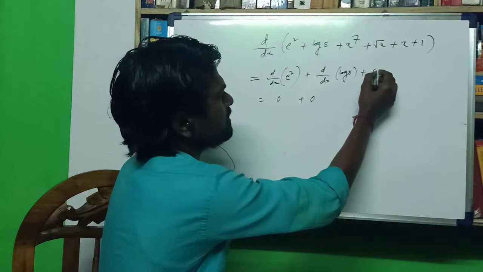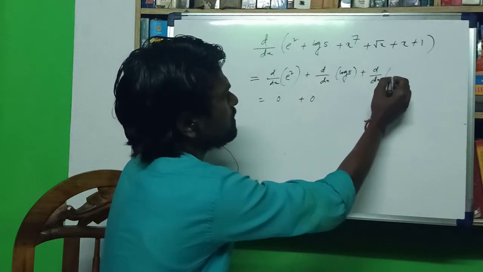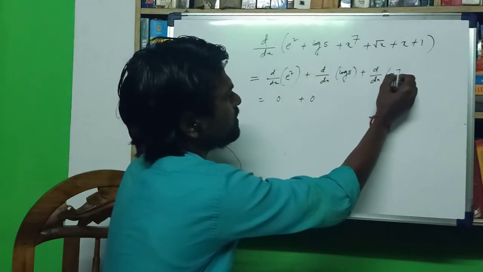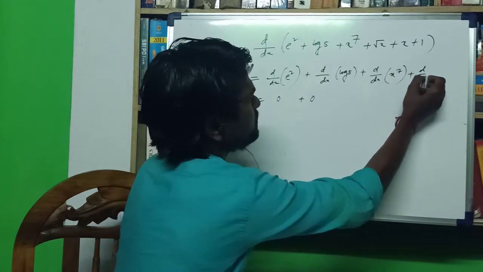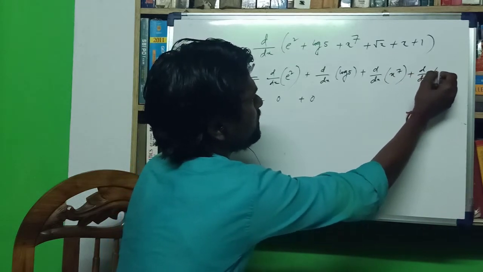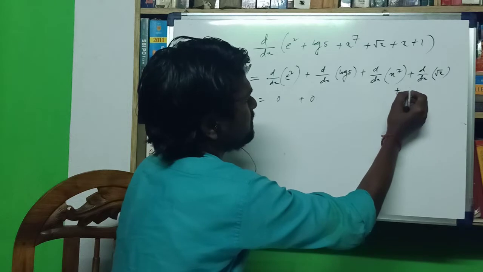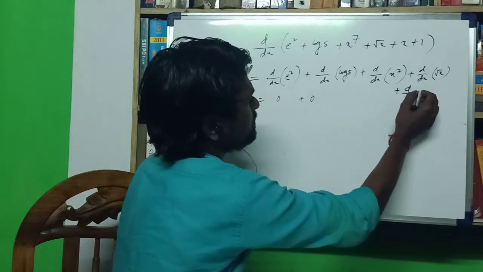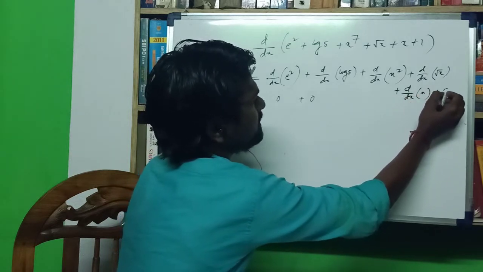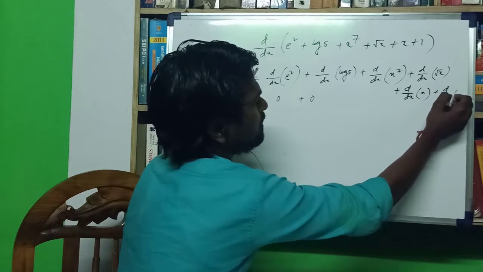Then d/dx of x to the power of 7 plus d/dx of root x plus d/dx of x plus d/dx of 1.